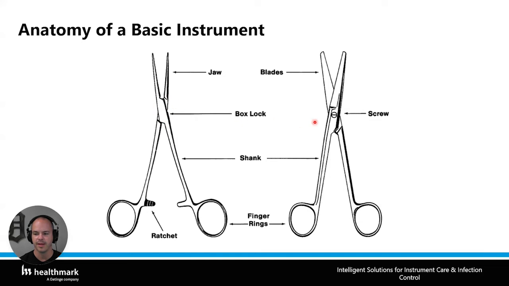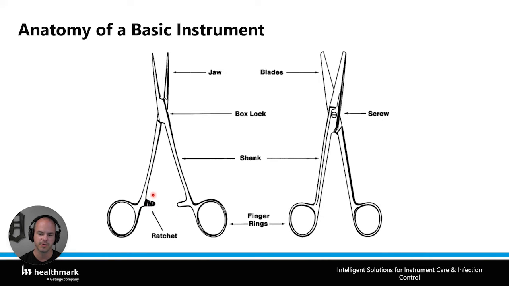And then if you flip it over, you'll tend to see a screw on at least one side. Then you have the shank between the box lock and the finger rings, and then you have these finger rings right here. And if you have a non-locking instrument or a scissor, then you're not going to have this ratchet that you see over here.